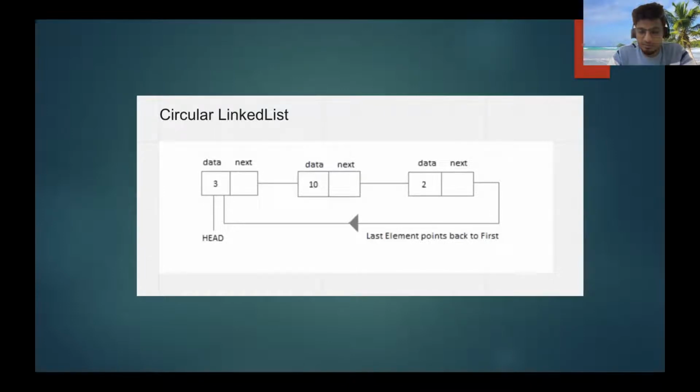Your last song in the playlist, if you hit next, it'll start with the first song. Also, you use a linked list against an array list when you are doing multiple modifications, like many insertion or deletion operations. In those cases, you will prefer linked list over an array list. And linked list is faster when compared to an array list.